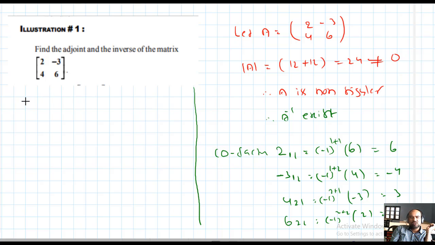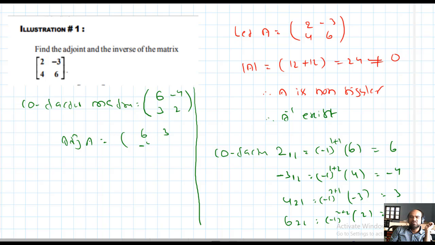First of all, cofactor matrix equals 6 minus 4 3 2. Adjoint matrix now. Adjoint is the transpose of this: 6 3 minus 4 2.